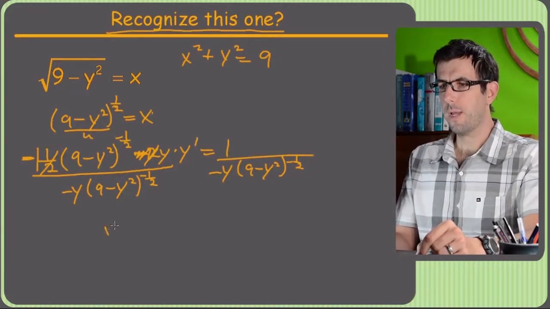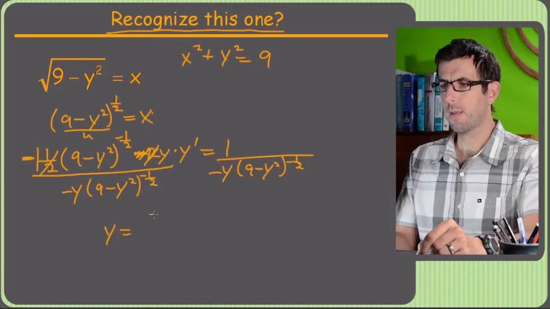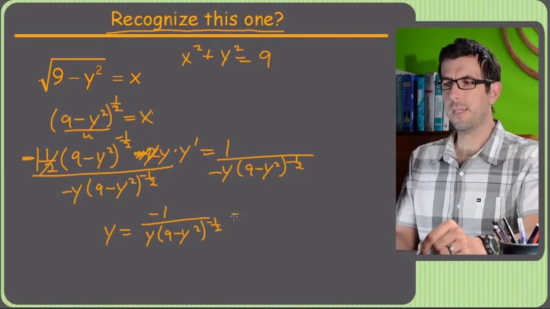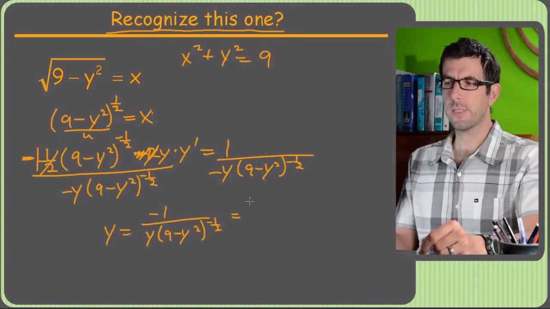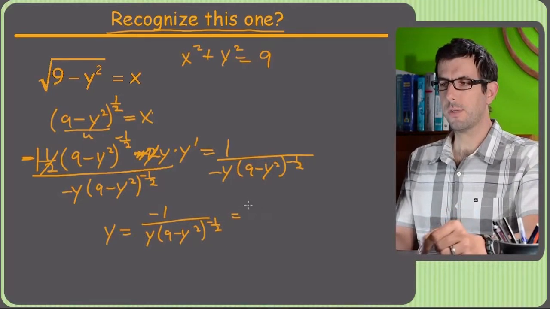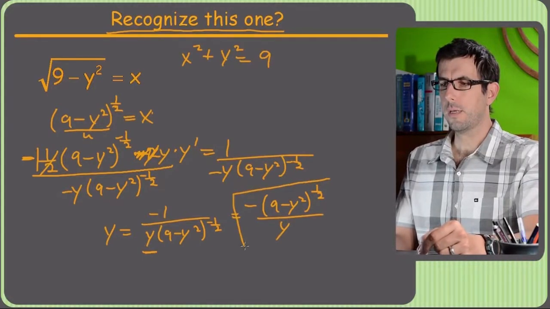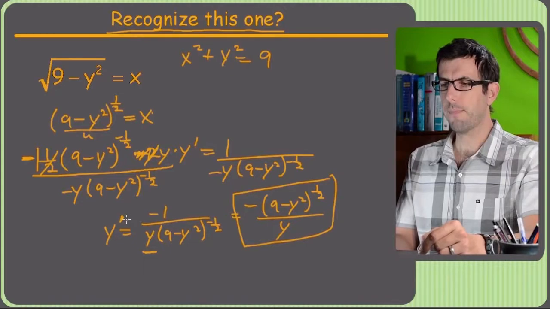So y prime equals negative 1 over y times 9 minus y squared to the negative 1/2. But the negative 1/2 downstairs is actually the same thing as positive 1/2 upstairs. So I'm just going to have negative 9 minus y squared to the 1/2 over whatever's left, which is just y. Oops, this is y prime.